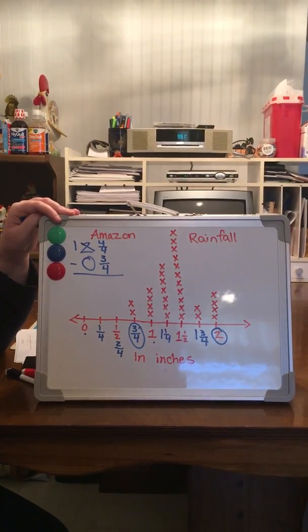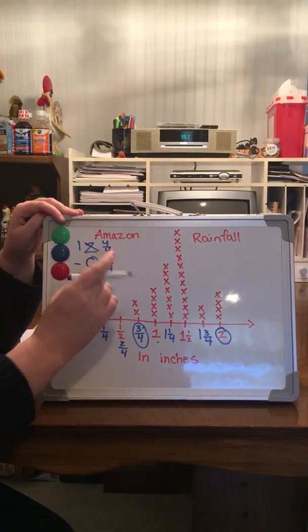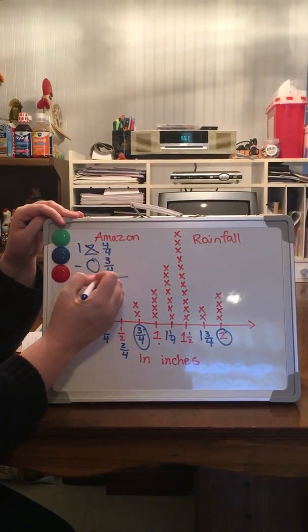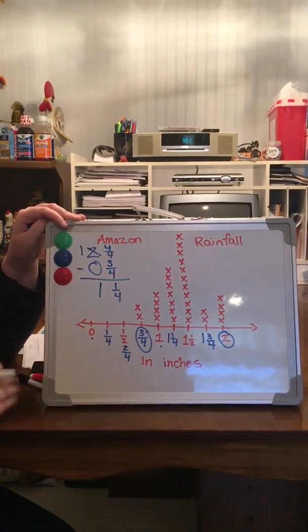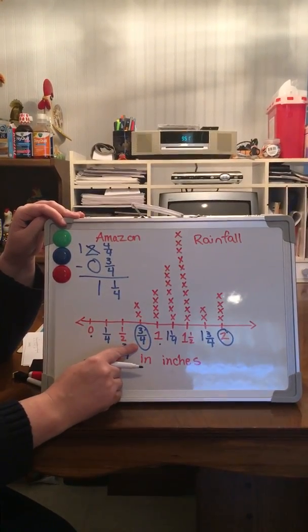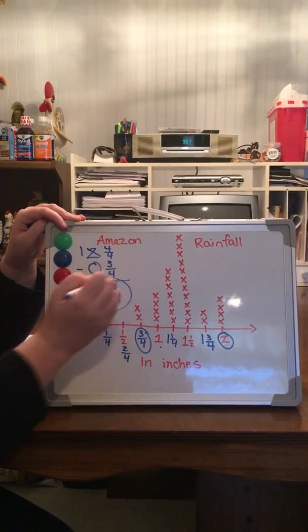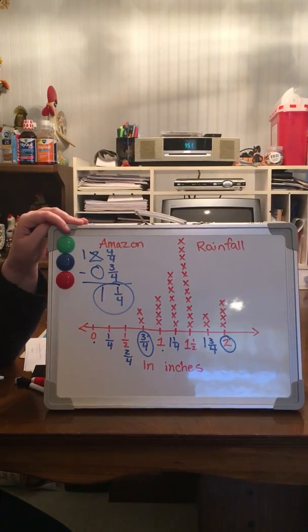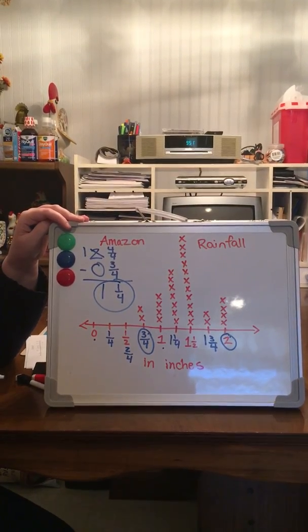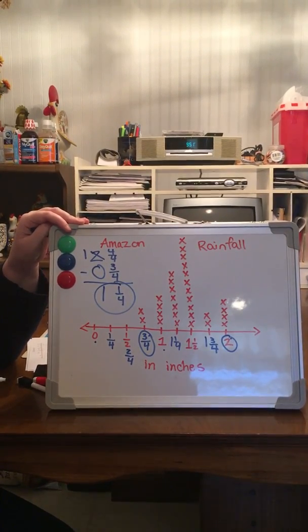Okay? So 4/4 minus 3/4 is 1/4, and 1 minus 0 is 1. So the difference between the greatest amount, which was 2, and the least amount, which is 3/4, is 1 and 3/4 inches. We call that our range, the difference between the greatest and the least amounts. That's the range of your data.